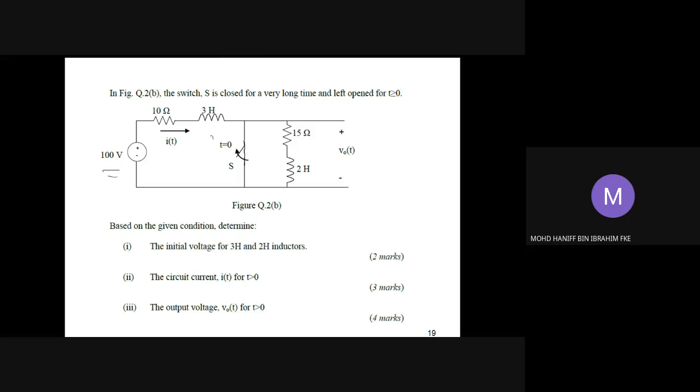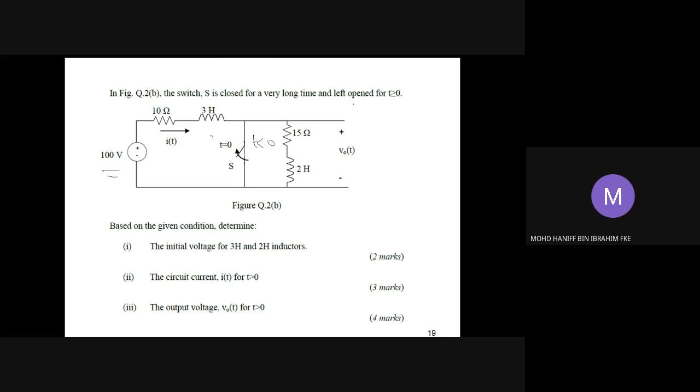Yeah, for t less than 0, the switch S is set to be closed, and it's open for t bigger than or equal to 0. So now hopefully you understand the conditions of this circuit.